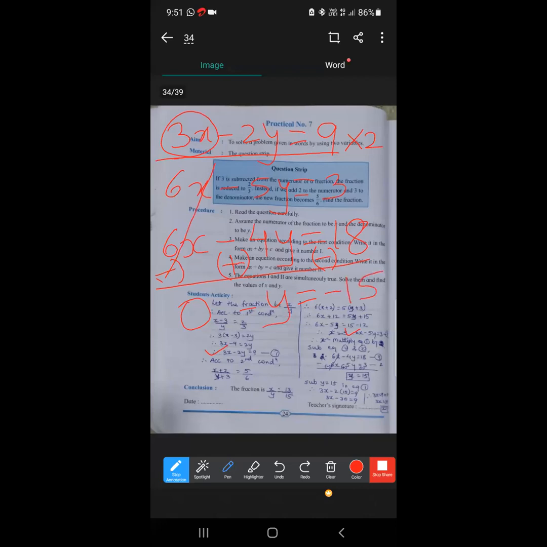Two signs are different, so subtraction. Minus minus will get cancelled. What remains? y is equal to 15.